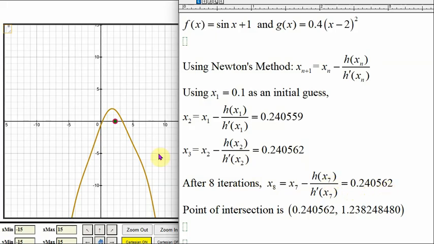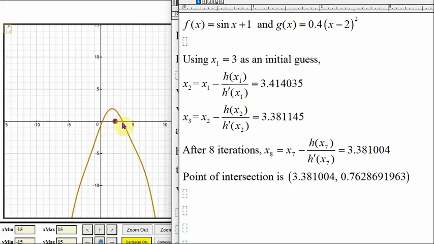That tells us that the x-intercept right here is going to be 0.240562. And if we go back to this function right here, when x is 0.240562, the corresponding y is 1.238248.